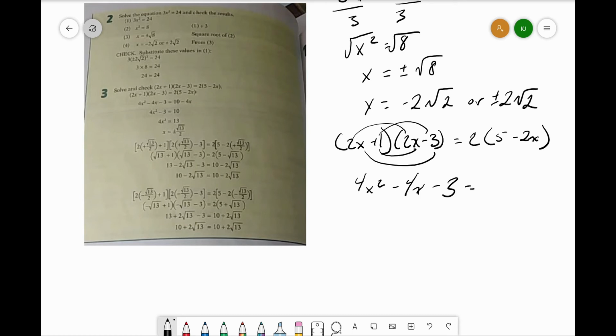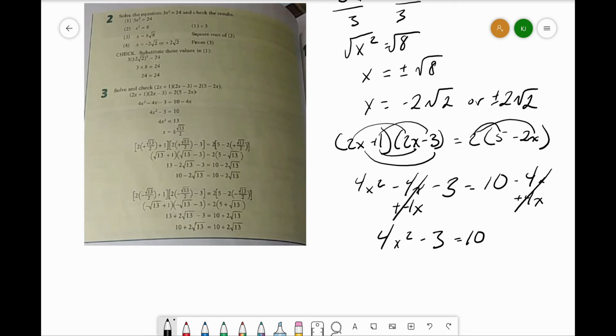Then we multiply the 2 in so that we end up with 10 minus 4x. Then we can start combining terms and solving. We can add 4x to both sides, which would cancel them both out, leaving us with 4x squared minus 3 equals 10. Then we can add 3 to both sides, so 4x squared equals 13.